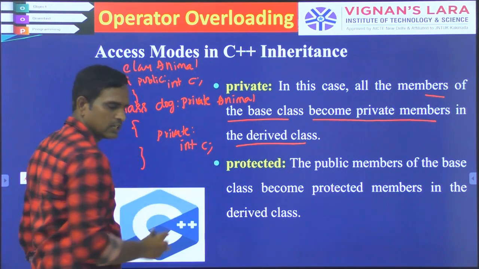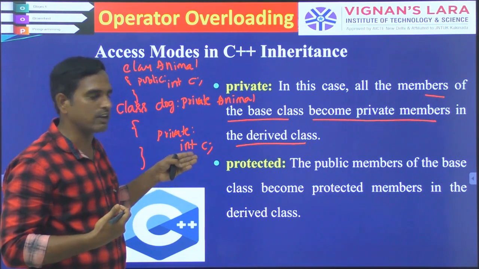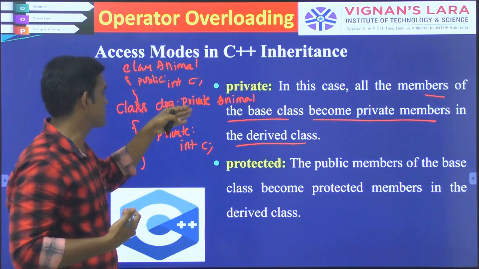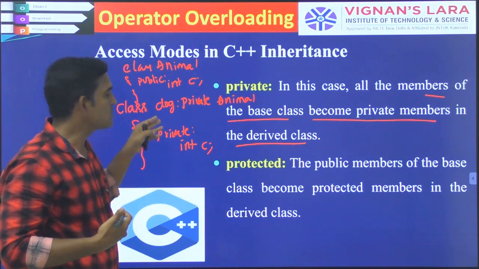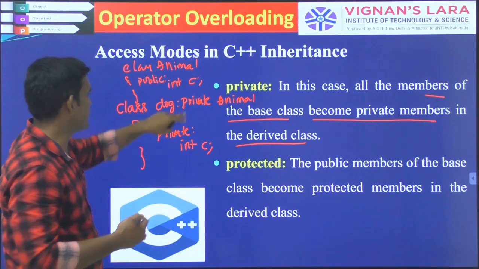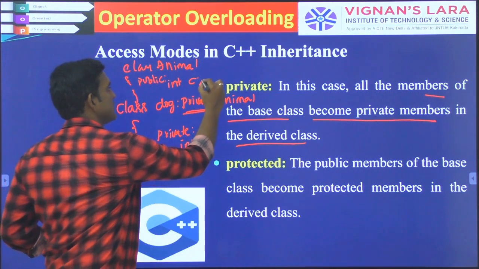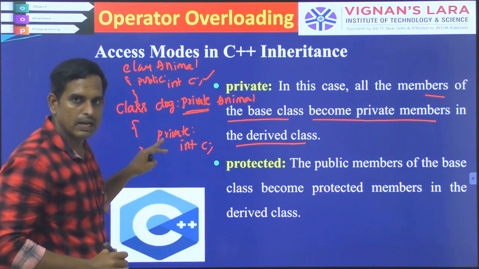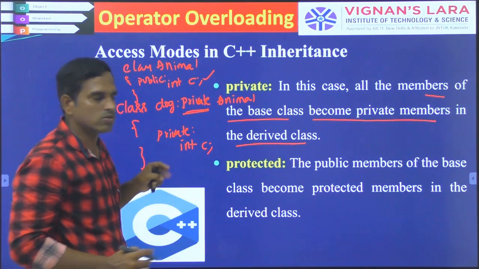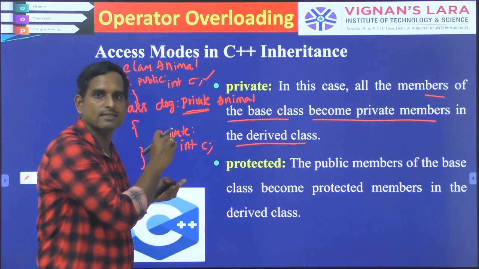Since this is a base class and this is a derived class, you can use the C variable here directly. But if you write that inheritance as private inheritance, at that instant this C will become a private variable here. So if C becomes a private variable here, you should know how to access the C.